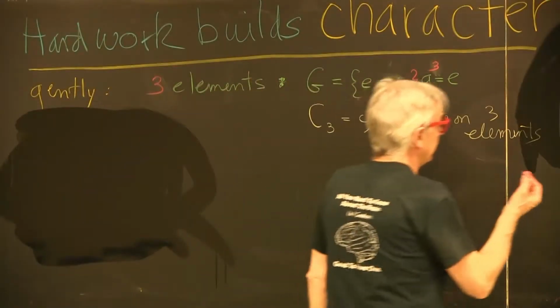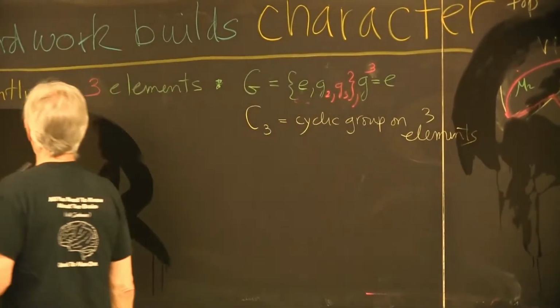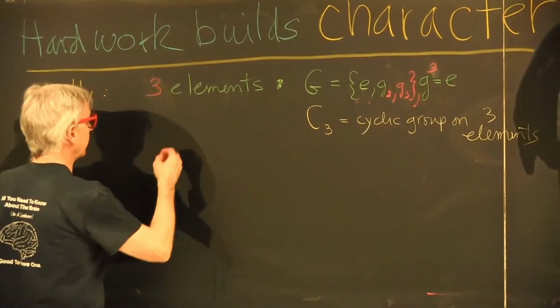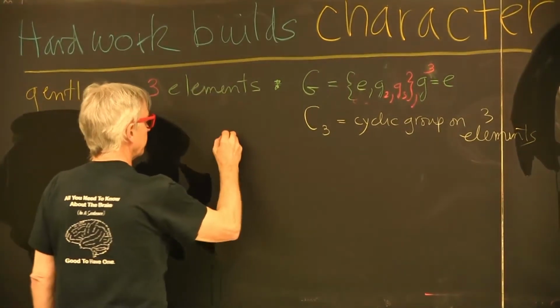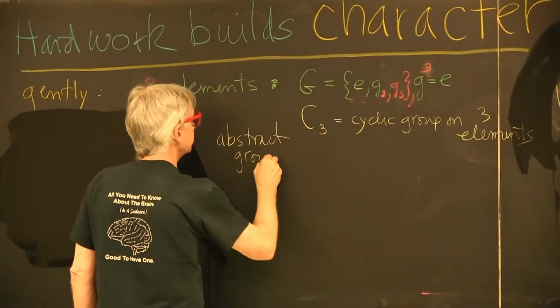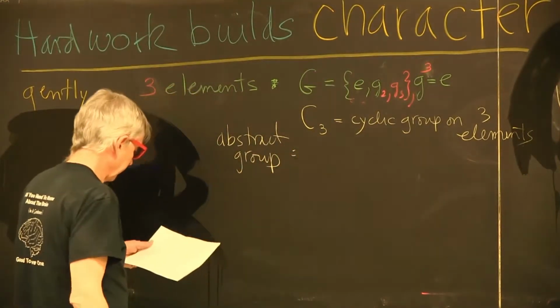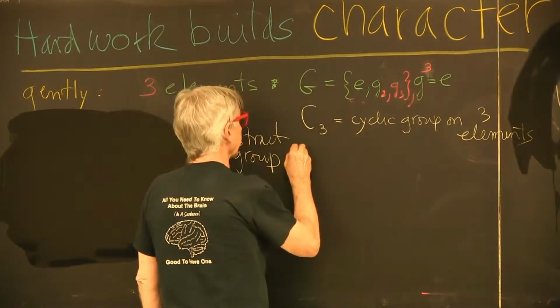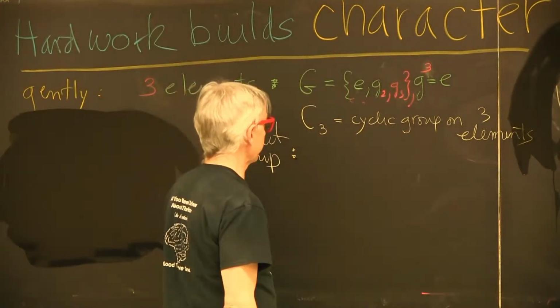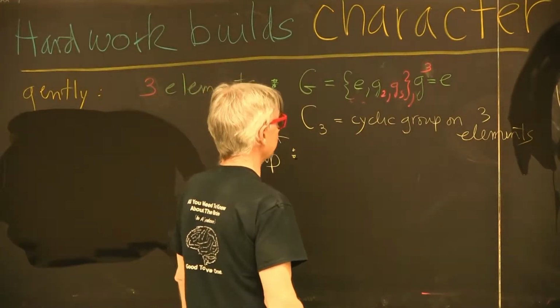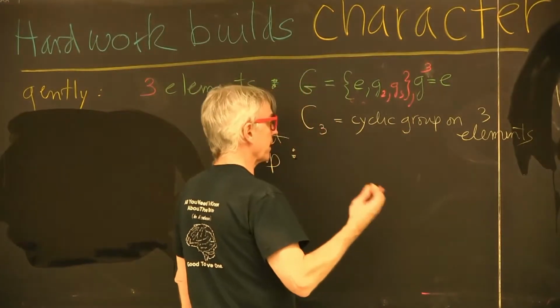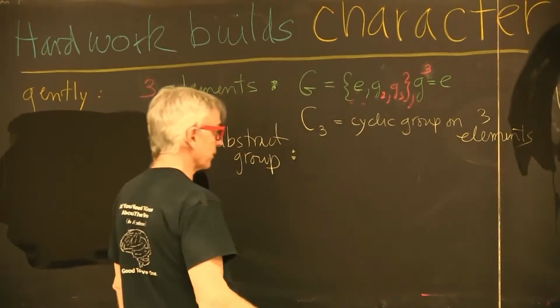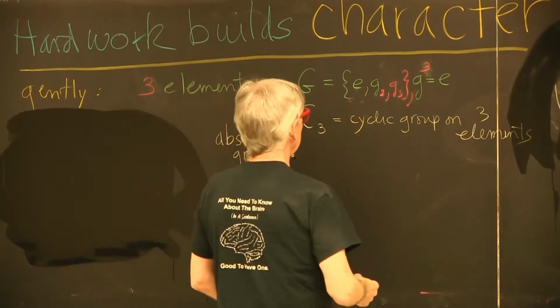Now, when we look at this, there are several ways of looking at this group. First, we can look at this as an abstract group, without reference to a particular physical realization of it, or geometrical realization, or operational realization, if this is combinatorial calculus.